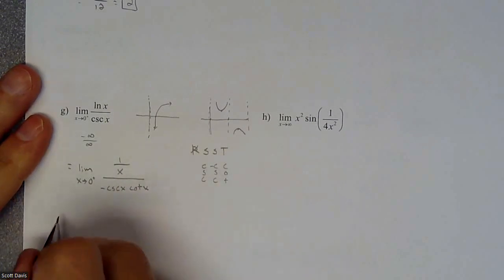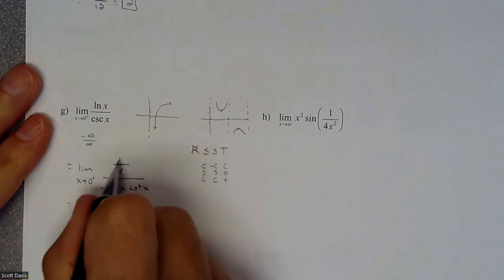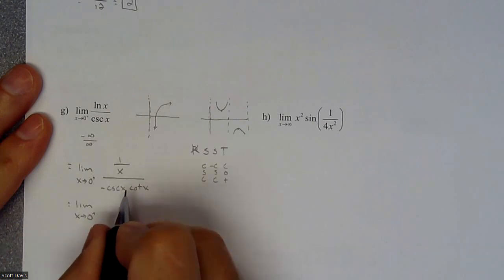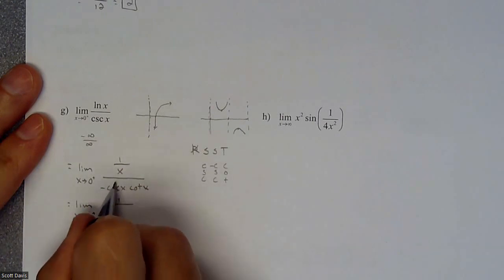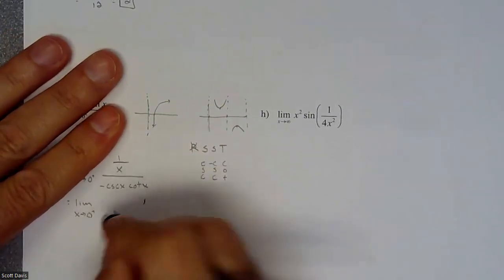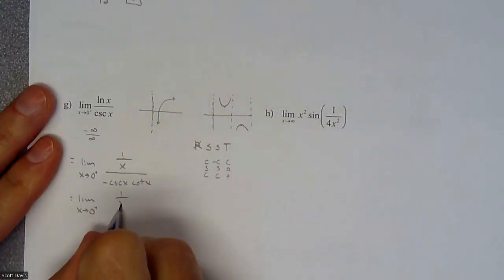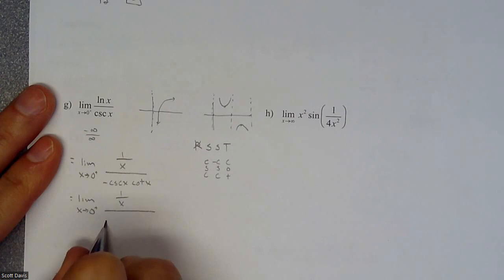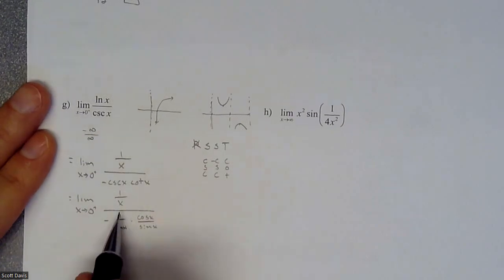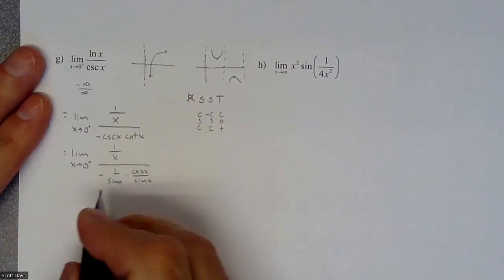I have the limit as x approaches 0 from the right of 1 over x divided by -1 over sine times cosine over sine. So instead of writing it like this, I'm going to multiply by the reciprocal.